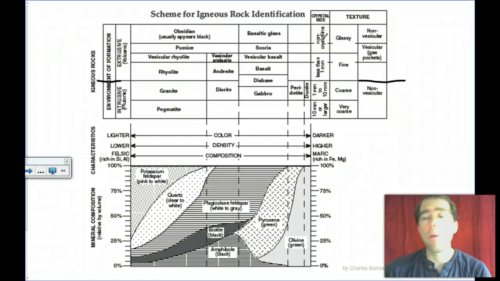So this chart can be really helpful. If we pick up a rock and it's glassy, then I know it's going to be one of these four rocks. If it has small crystals and you can take a ruler and measure them, and they're less than 1 millimeter, it's going to be one of these rocks.